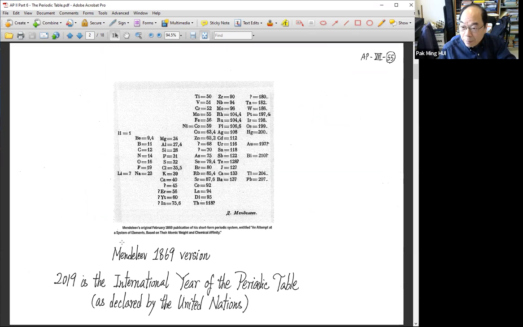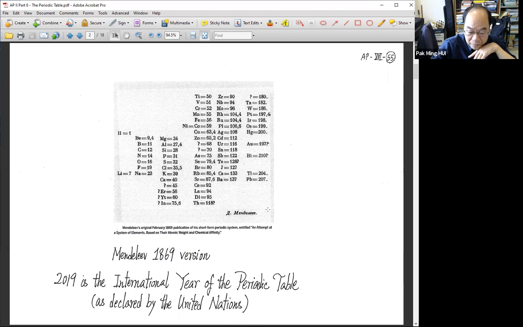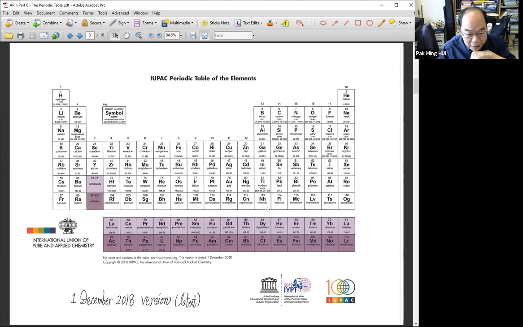The periodic table has a long history. A few years ago, it was the 150th anniversary. So it was the International Year of the Periodic Table a few years ago, declared by the United Nations. So this is the early form of a periodic table by Mendeleev. And this is the up-to-date version. I checked it a few days ago.